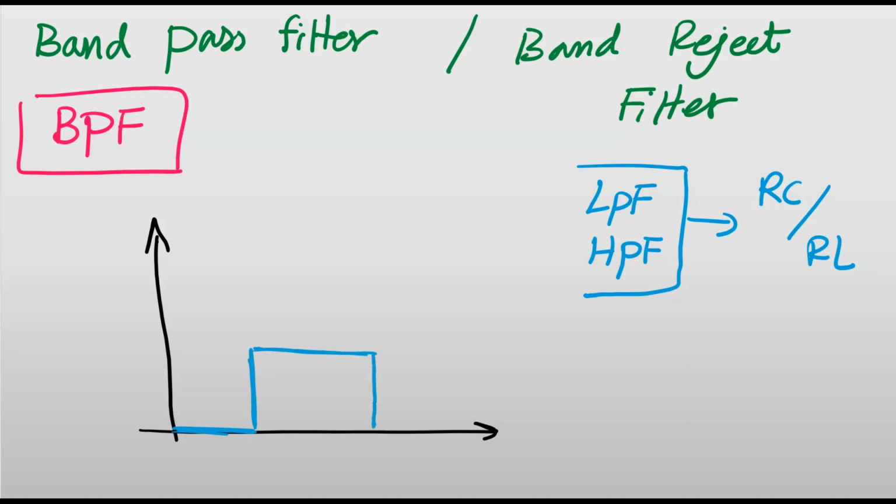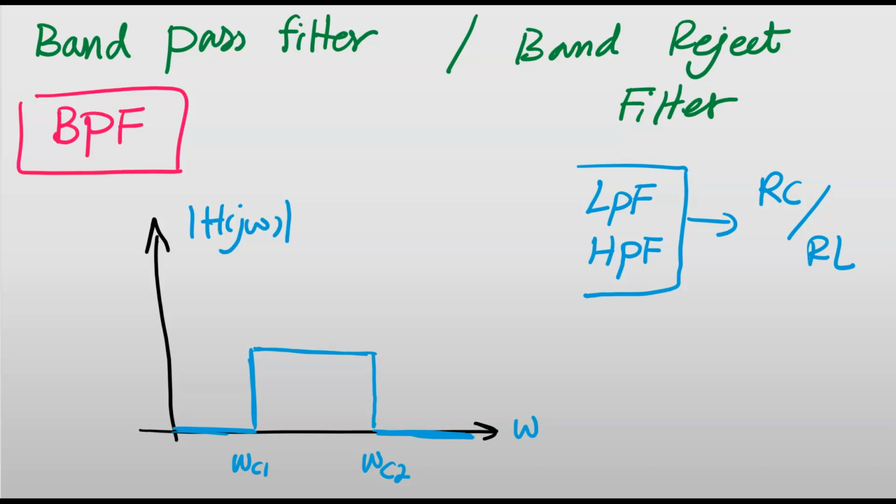We are looking for a specific range of frequency, and let's say this range is from omega C1, which is our lower cutoff frequency, to omega C2, which is our higher cutoff frequency. So what you can see here is an ideal band pass filter, and now we want to see how we can make a filter that behaves like this picture here.